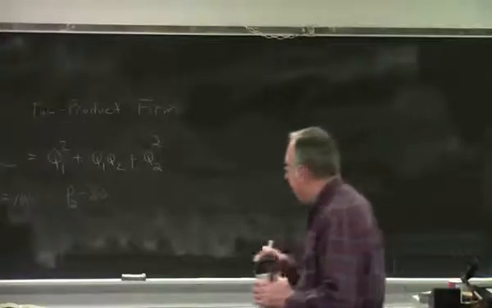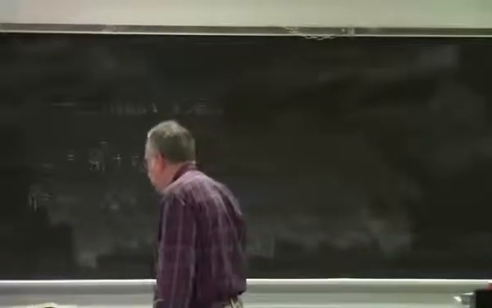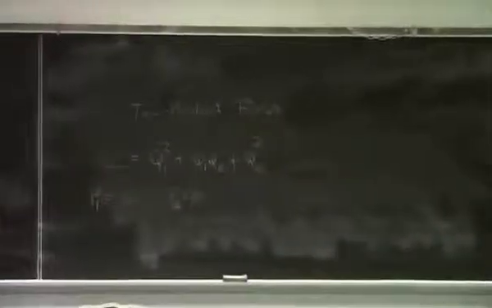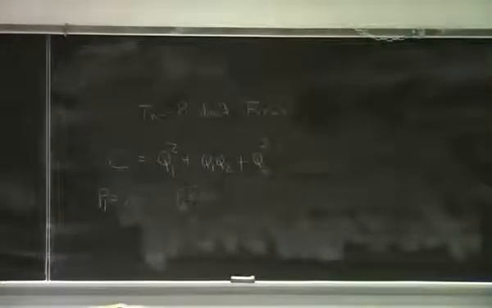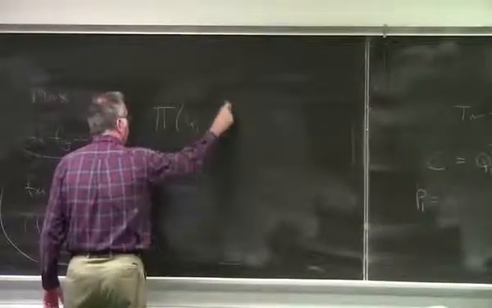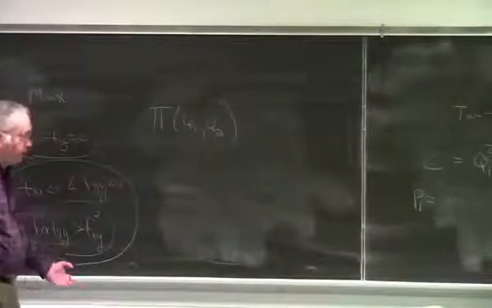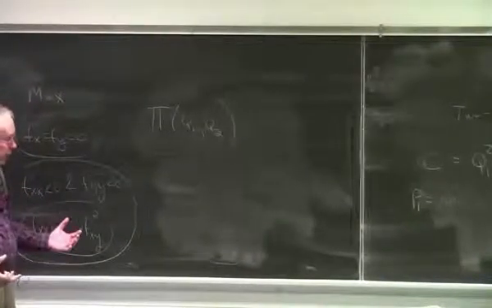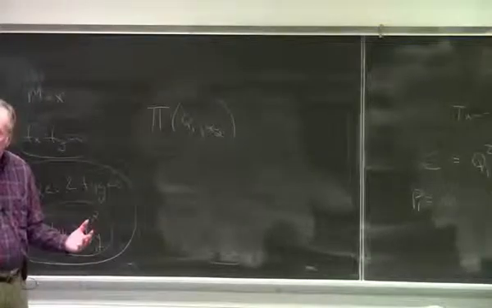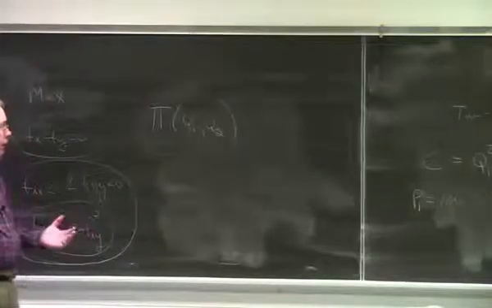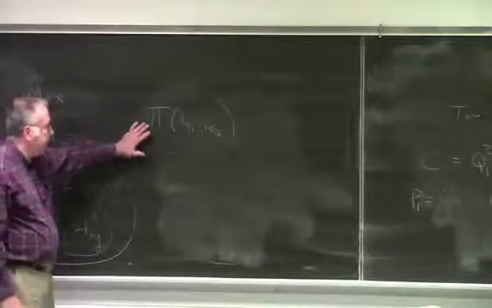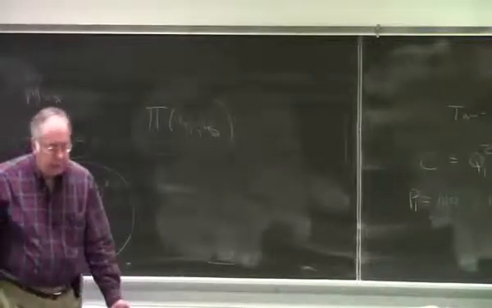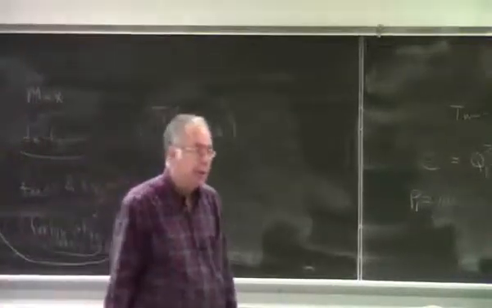So you need to figure out what this profit function looks like. Obviously, the two choice variables are going to be Q1 and Q2. Profit's going to depend on how much of these two outputs you produce. So let pi denote profit. What is our profit function going to be in this case?